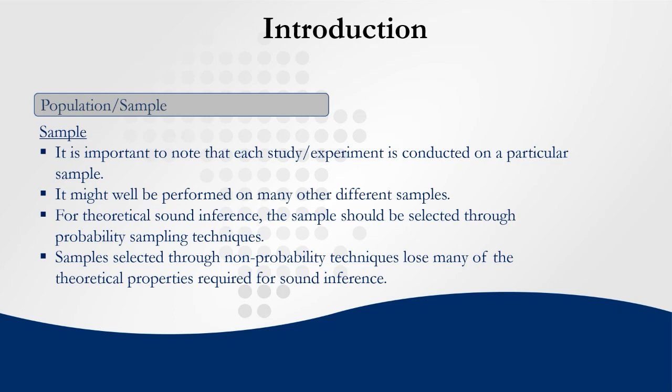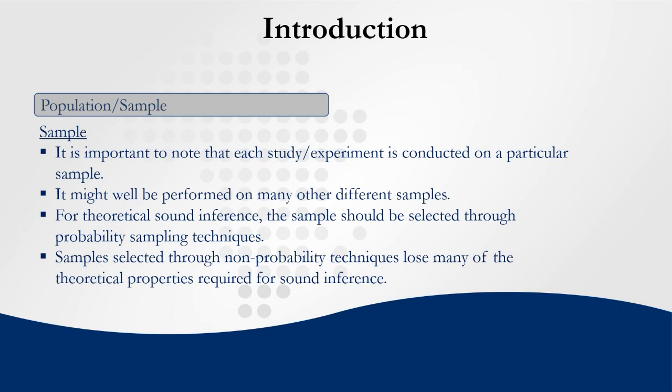Usually we advocate for probability sampling techniques wherever possible, but the reality is that when you actually have to sample, sometimes you cannot select a probability sample because you don't have a sampling frame, or the coverage of the sampling frame is not fine, or it's not up to date.